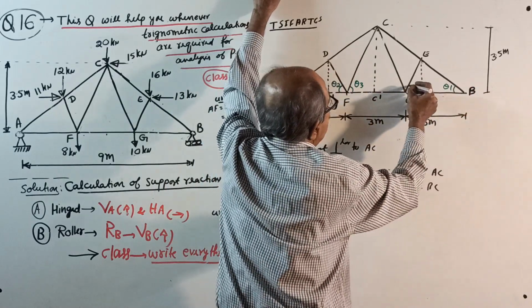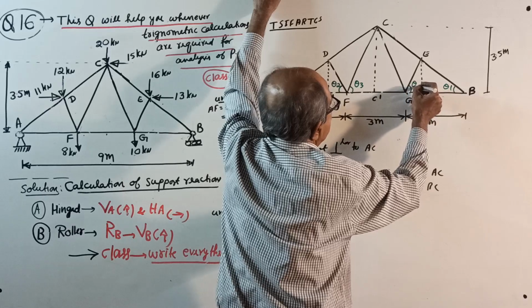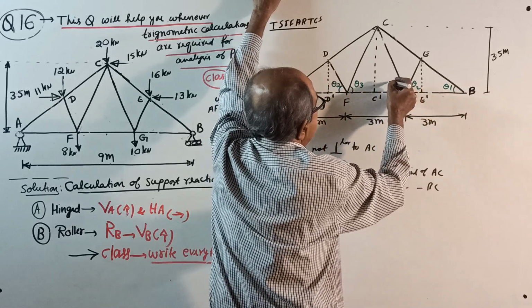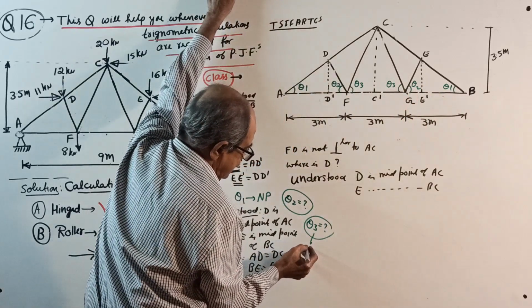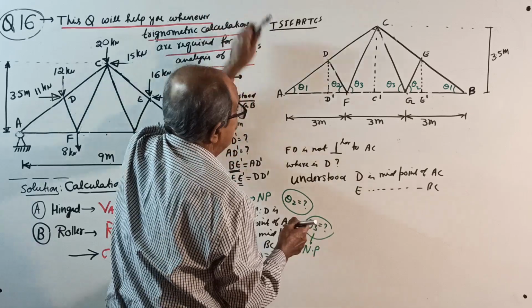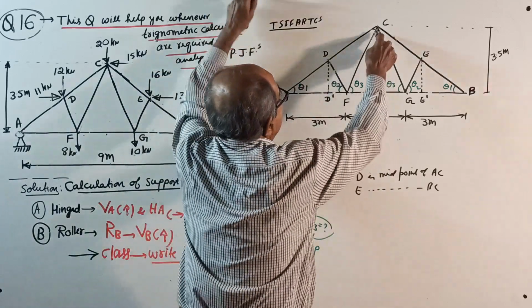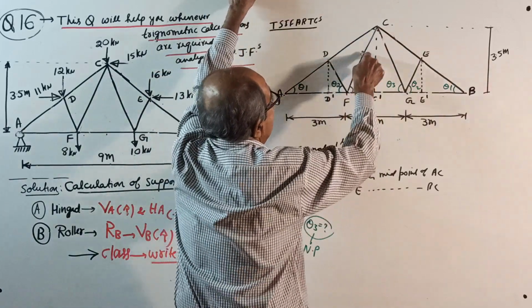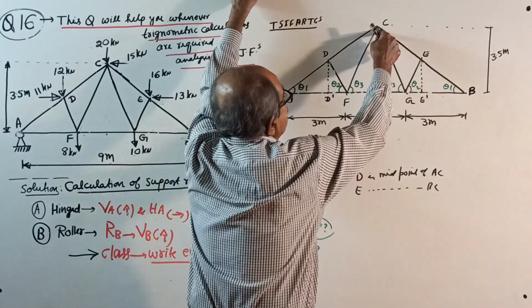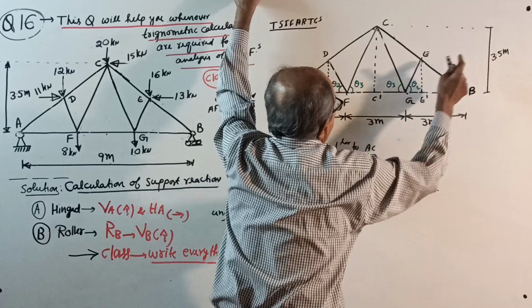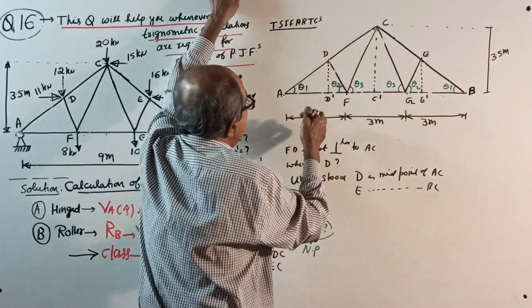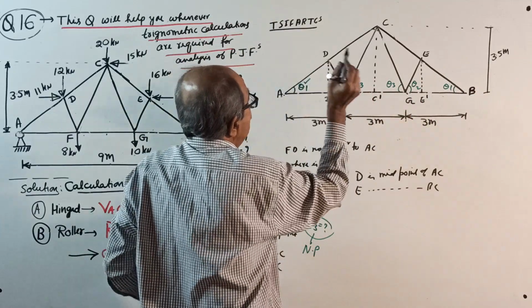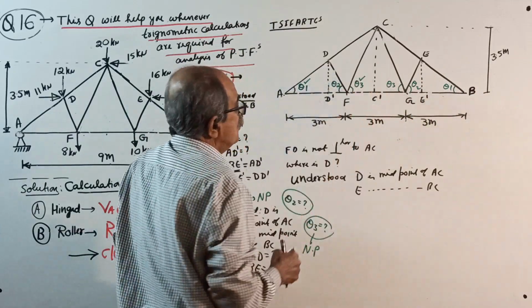If this is theta 2, this also theta 2. If this is theta 3, this also theta 3. But theta 3, no problem. Why no problem? You consider this triangle. Tan theta 3 equal to this height of 3.5 by half of 3, 1.5. So theta 1 there is no problem, theta 3 there is no problem.